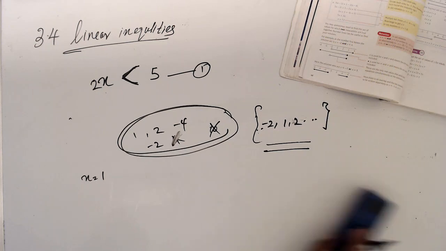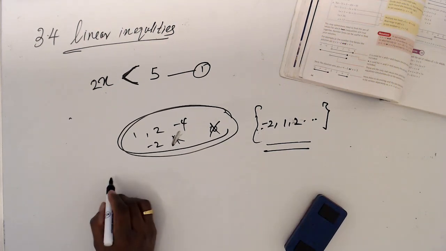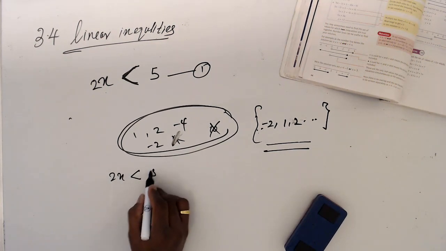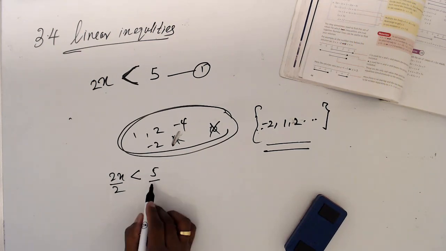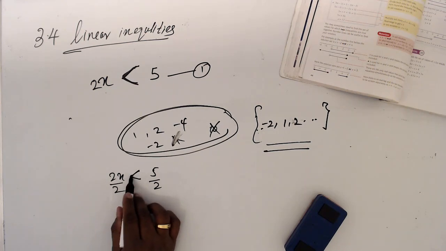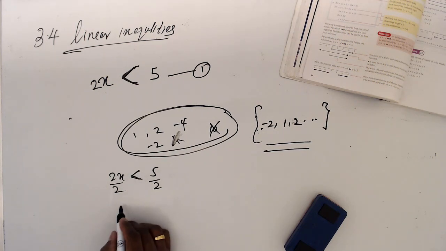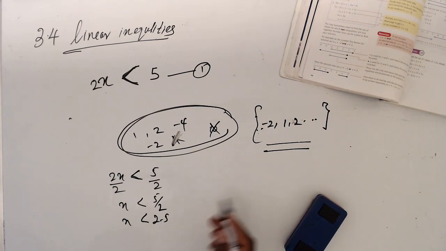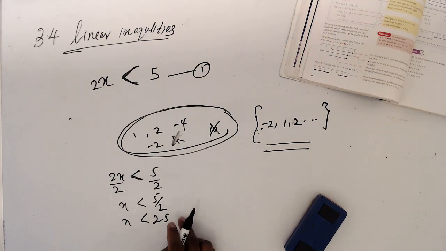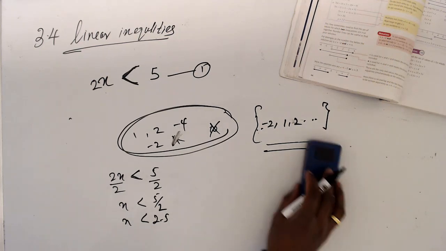I'll take this one, I write it again and divide. I know that I can divide by a positive number, and the inequality sign doesn't change. x less than 5 by 2, which is 2.5. All the numbers less than 2.5 work. So those are the solution.